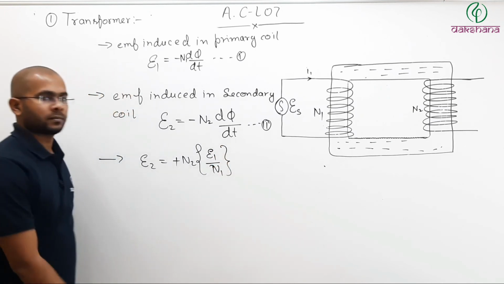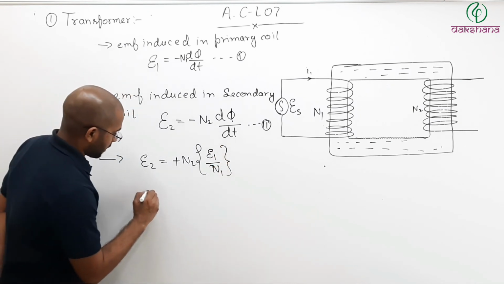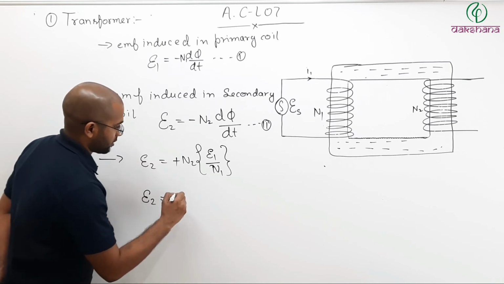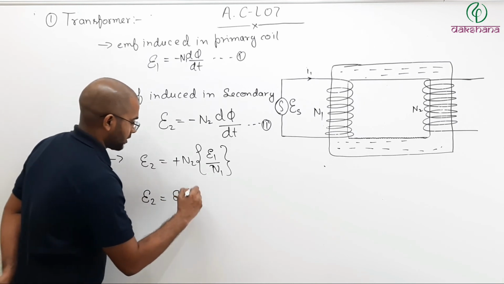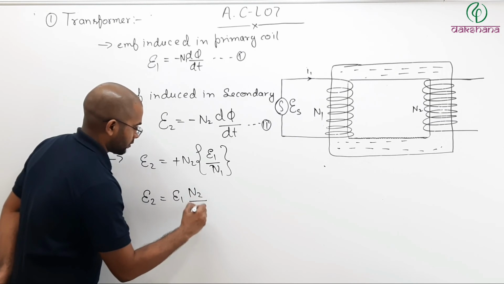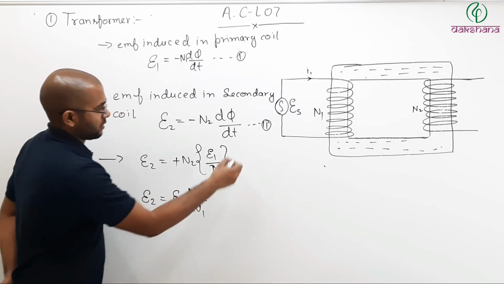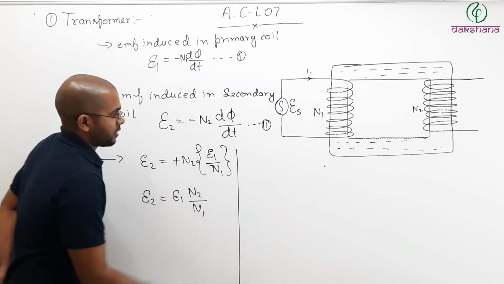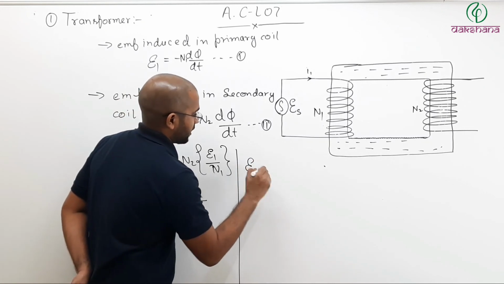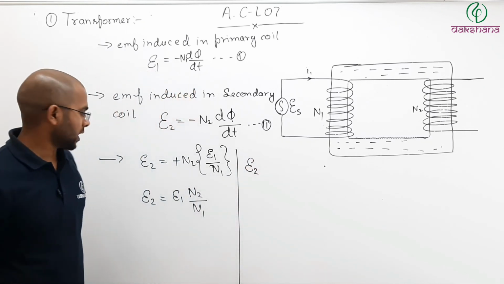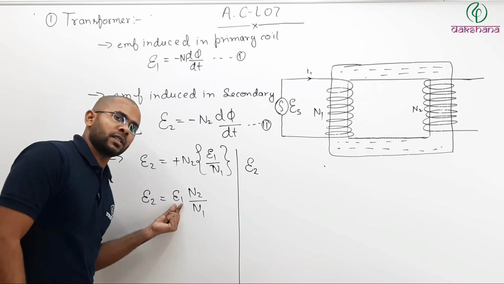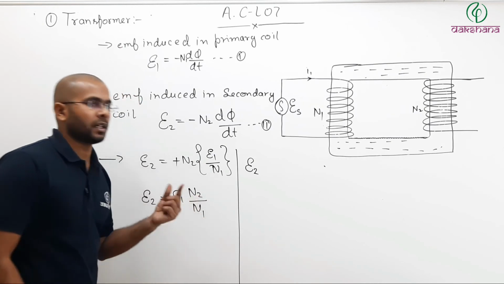So you will get E2 is nothing but E1 times N2 by N1. So the EMF induced in the second coil is the EMF induced in the first coil times N2 by N1.